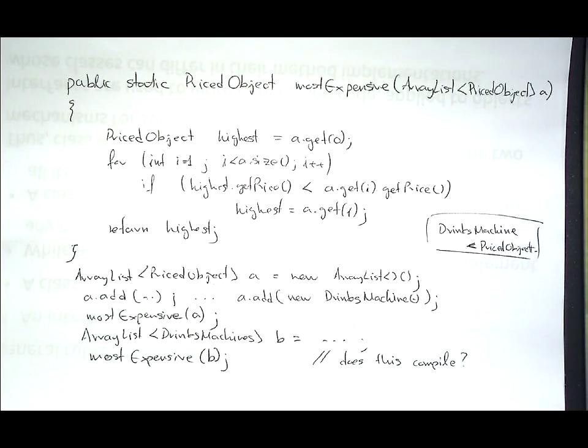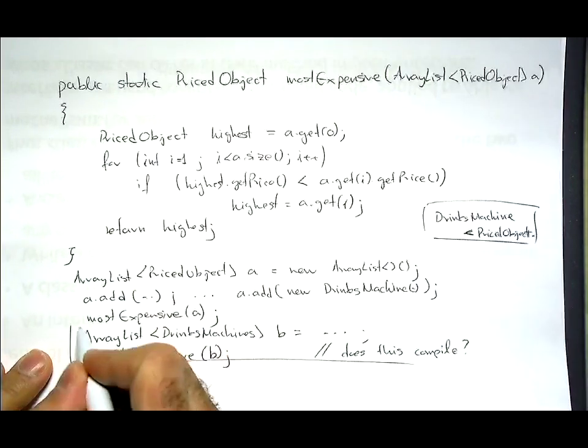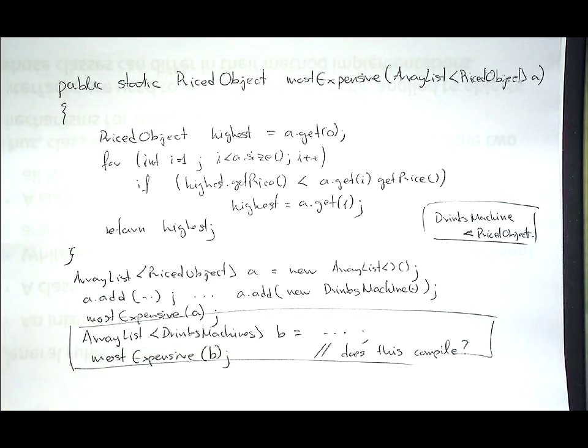It is not allowed in Java. So this code here wouldn't compile. And there is a good reason for that. The logic saying that if alpha is a subtype, in general a subclass of beta, then array list of alpha should be a subclass of array list of beta, is false.